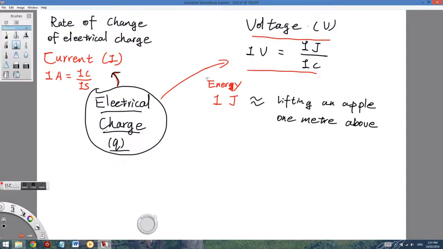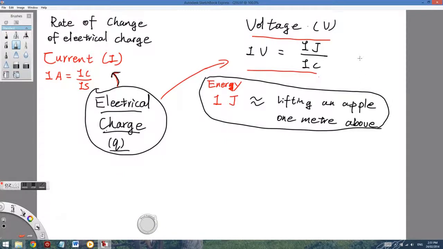That's the amount of energy considered roughly one joule. I know it's a little confusing with current and voltage.